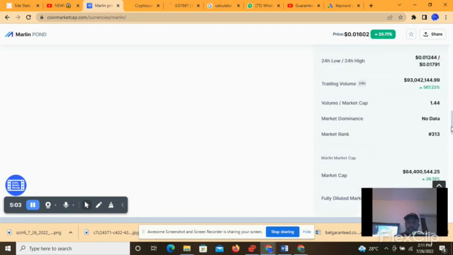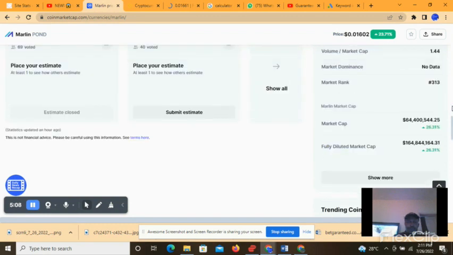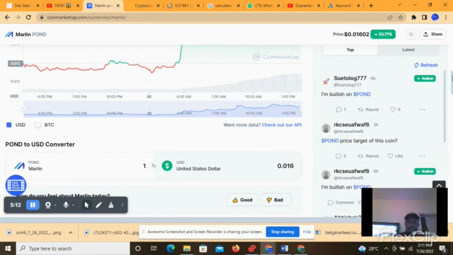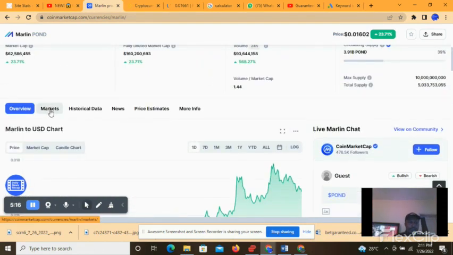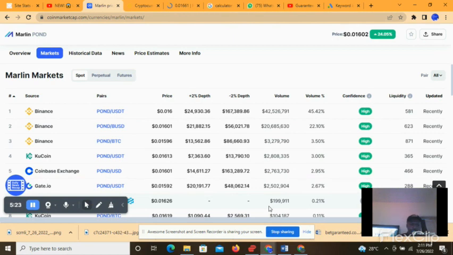So we are going to look at their current trading prices. Are we together? Now we head over to the market. So we should actually be seeing different crypto trading platforms that are trading this particular crypto. Now we have to make a comparison on the prices so that we can actually make profits.